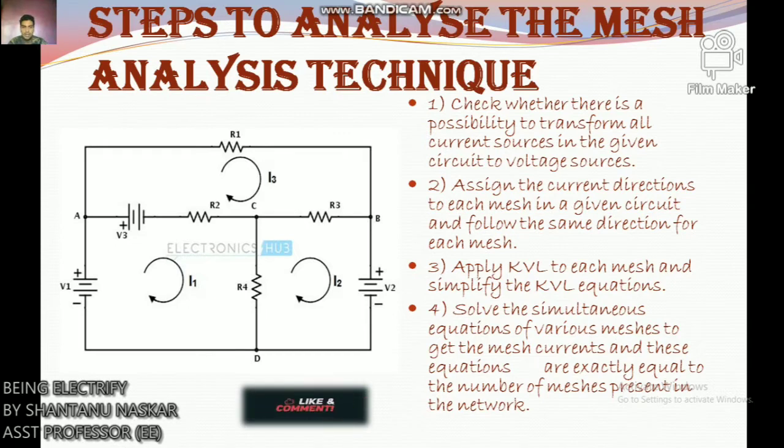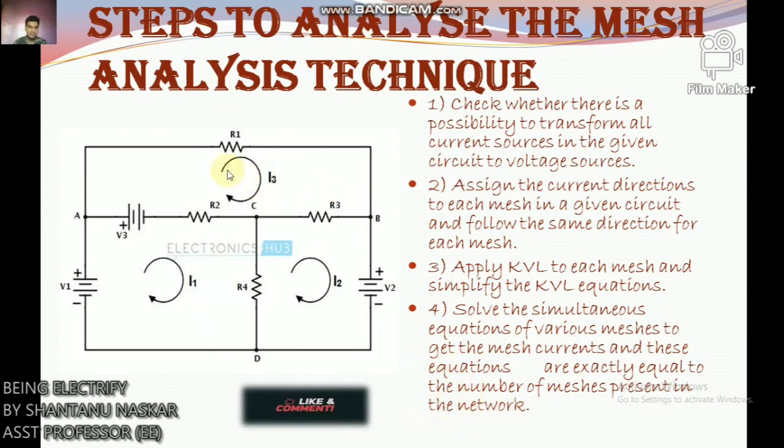Number three, apply KVL to each mesh and simplify the KVL equation. Number four, solve the simultaneous equations by various methods to get the mesh currents, and these equations are exactly equal to the number of meshes present in the network.